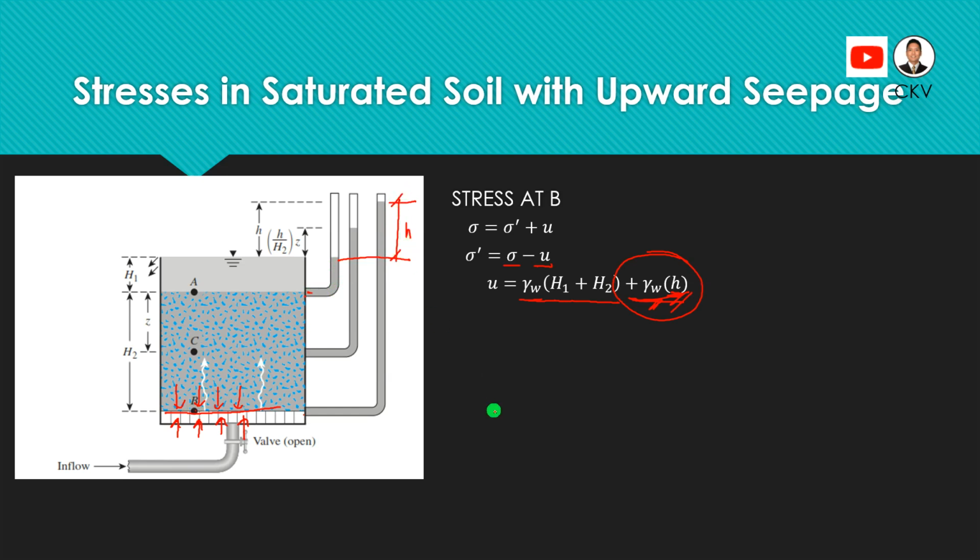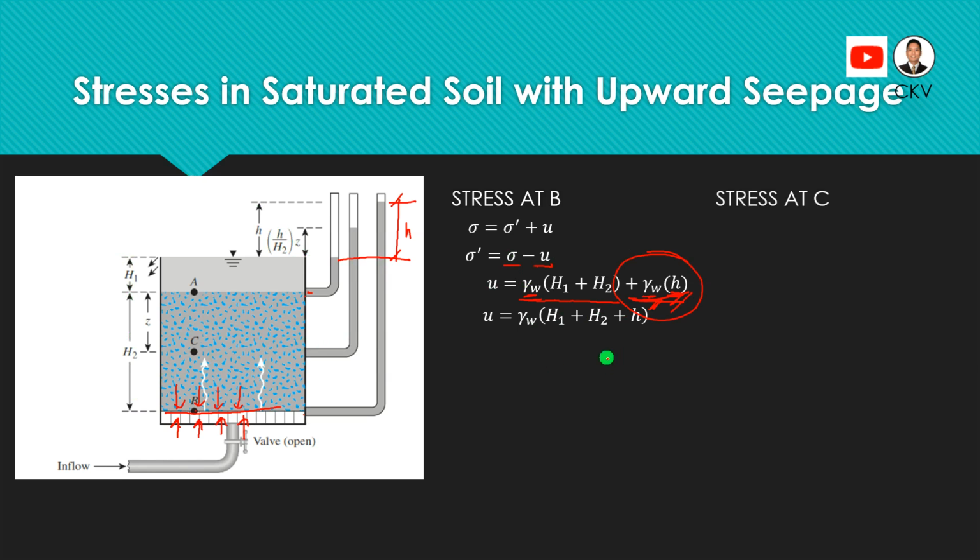So the difference in pressure head when you put a piezometer at each point. So the H here is multiplied by the unit weight of water. Since we have the same unit weight of water, we can just factor out the unit weight of water and add all these heights. So H1, H2, and the H.